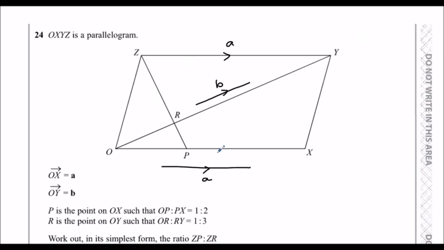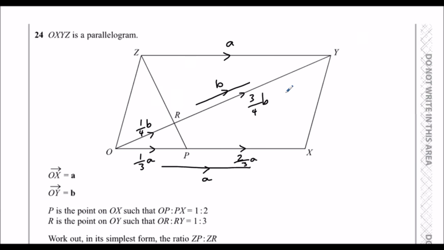So there are three parts. So OP is 1/3 of the journey, so 1/3 of A. And PX is the other 2/3, so 2/3 of A. And R is the point on OY, such that OR to RY is 1 to 3. So there are four parts. So we've got 1/4 of B, and we've got 3/4 of B.